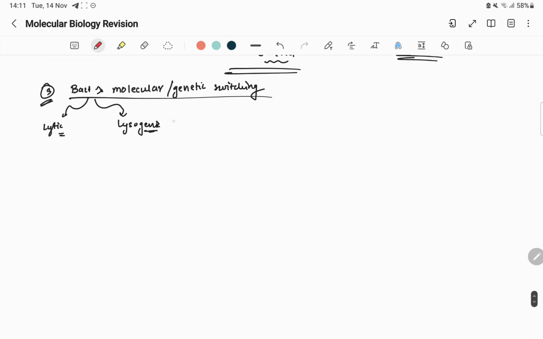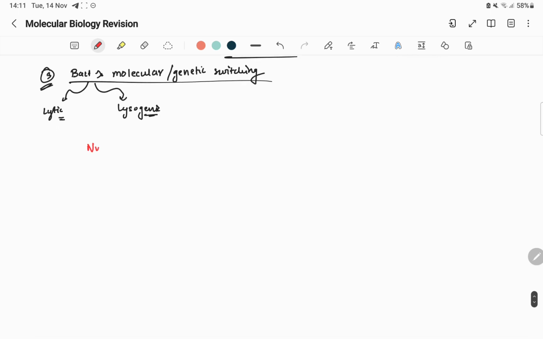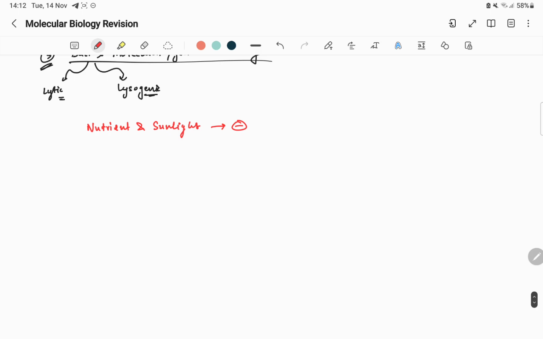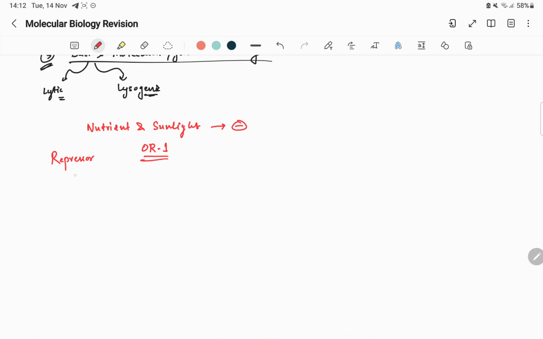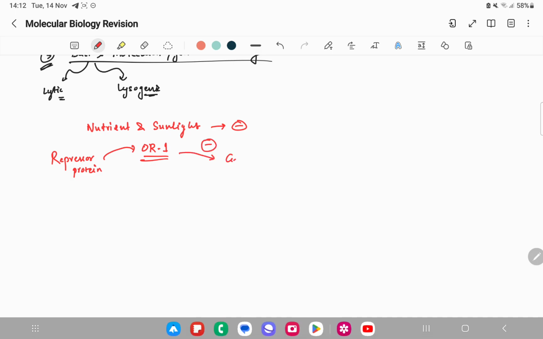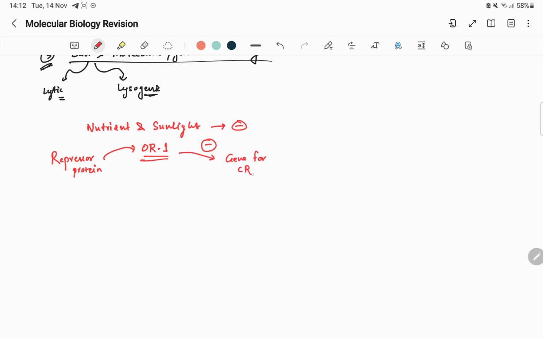In unfavorable conditions, when nutrients and sunlight are absent, the repressor protein will bind to the OR1 gene, and this will suppress the gene for the CRO protein.